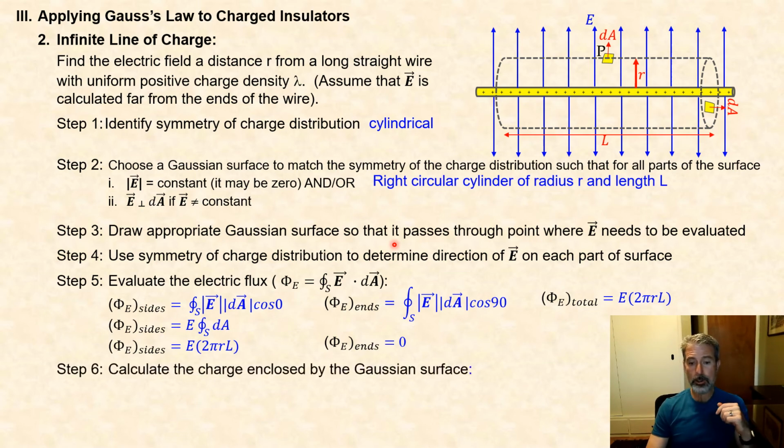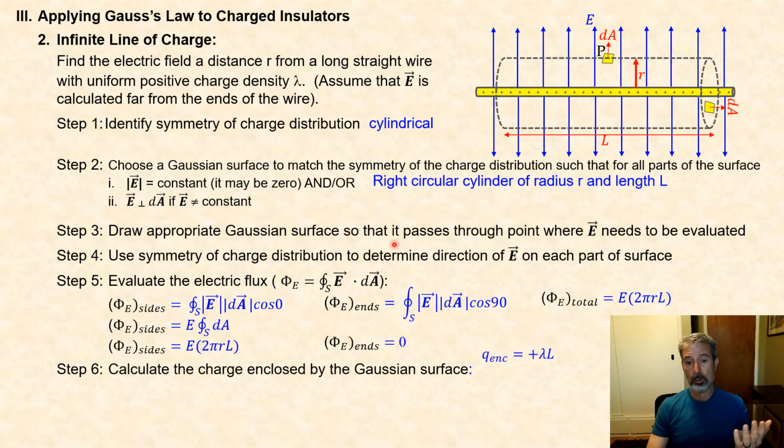So we're now ready to equate these expressions here. Equate the left-hand side of Gauss's law with the right-hand side. Oh, sorry, we've got to find the charge enclosed by the Gaussian surface first. My bad. So here, we're given the charge density in this problem. It's given to us, it's lambda.